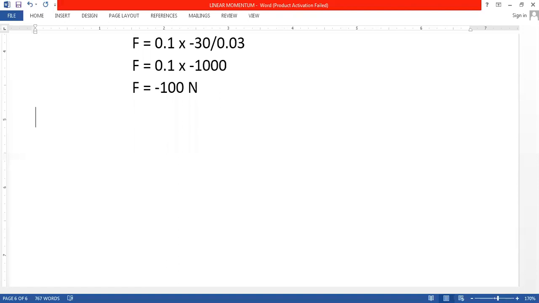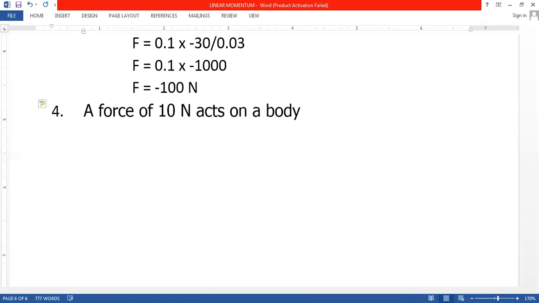We will start with another numerical. Write down the next numerical, that is numerical number 4, I think. A force of 10 Newton acts on a body of mass 2 kg, sorry, not 5 kg, 2 kg, for 3 seconds.